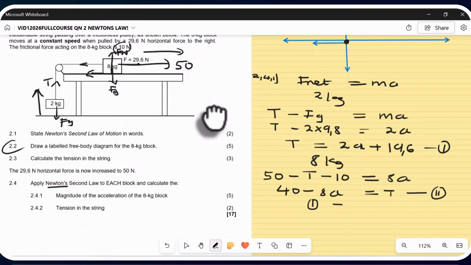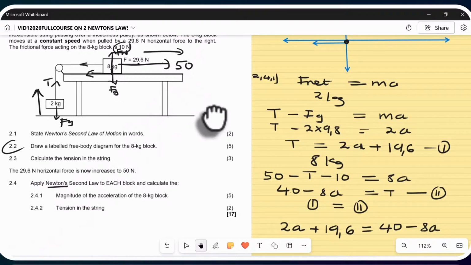So our 2A plus 19,6 equals 40 minus 8A. From here, if I continue to simplify, the 8A becomes positive 8A, making 10A here.